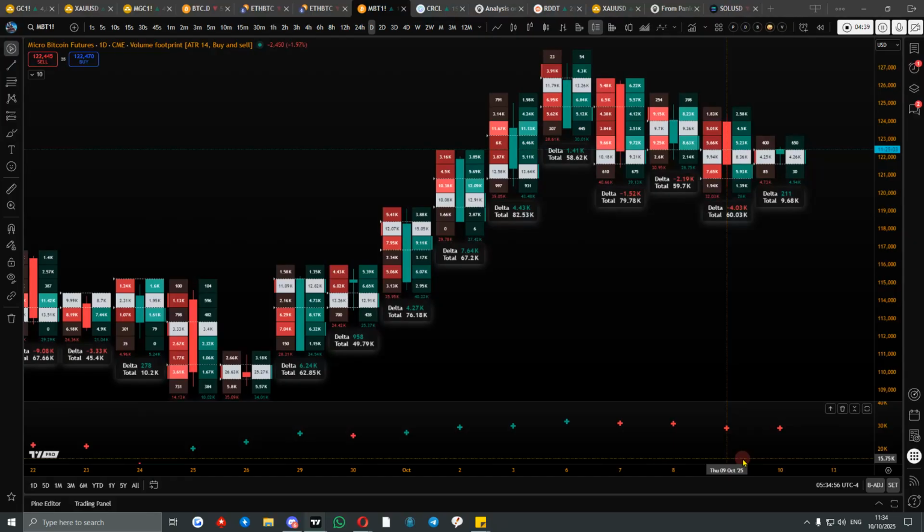So in other words, is new money flowing in, or is money coming out of the market? Because essentially this is what fuels the market. So that's why it's so crucial to understand what's going on inside of that candle when you're trading.